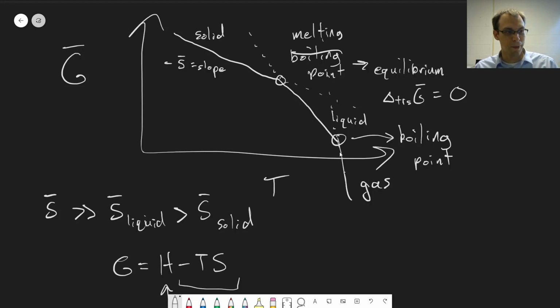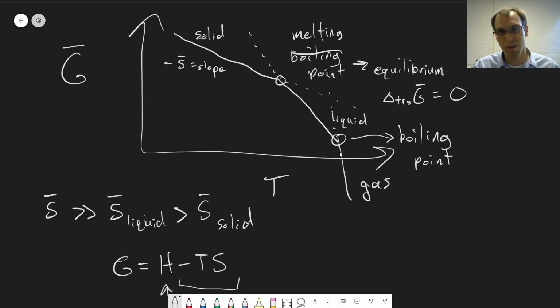And so we will tend to favor solids at low energies, or low temperatures, we would say. And as we increase the temperature, we're going to go towards liquid and gas. And so that explains the temperature behavior we see on these phase diagrams, where we start with solids at low temperatures, go to liquids in the middle, and go to gases at higher temperatures. Now, depending on what pressure we're at, we may skip the liquid phase.